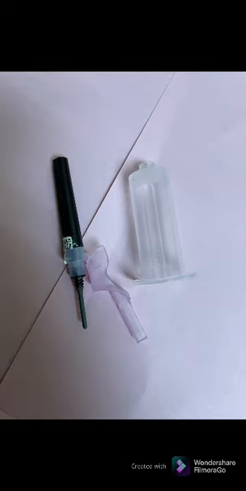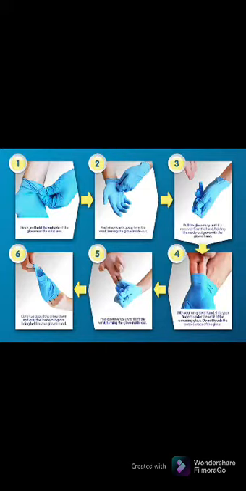Place gauze, remove needle, activate the safety feature, and apply pressure. Discard the collection unit, label tubes, observe special handling instructions, check patient's arm, and apply bandage. Dispose of used and contaminated materials, thank patient, remove gloves and sanitize hands, and transport specimen to the lab.